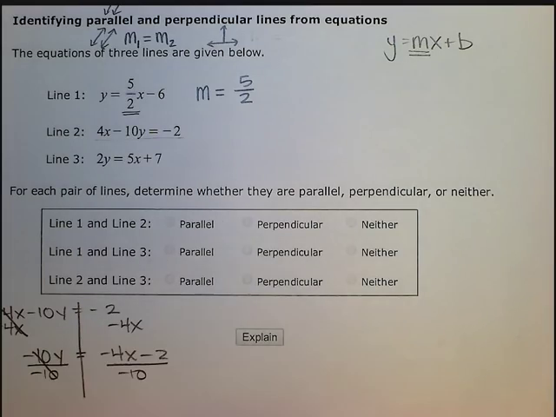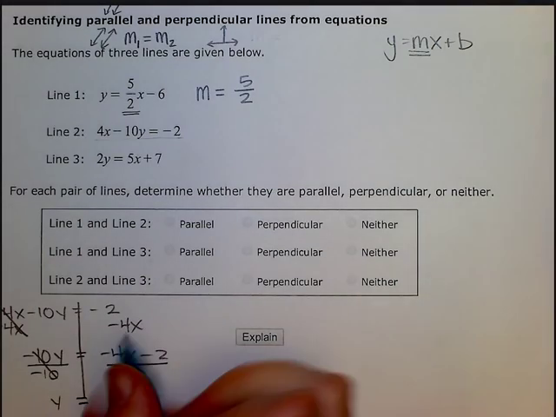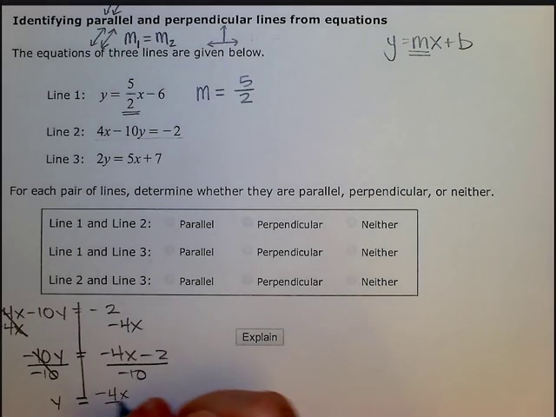Now, when we divide the whole side by negative 10, it divides every piece by negative 10 like this. Let's simplify. Negative 4 over negative 10, first of all, I lose my negatives because they become positive. So I just have to simplify 4 over 10. I can divide a 2 out of both of those.